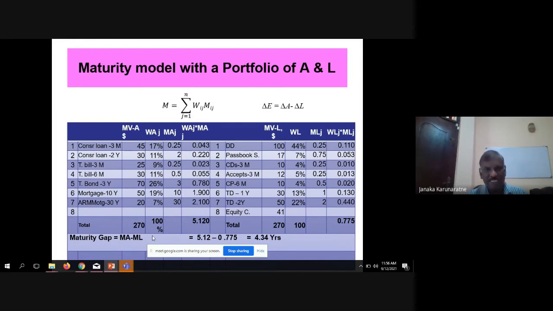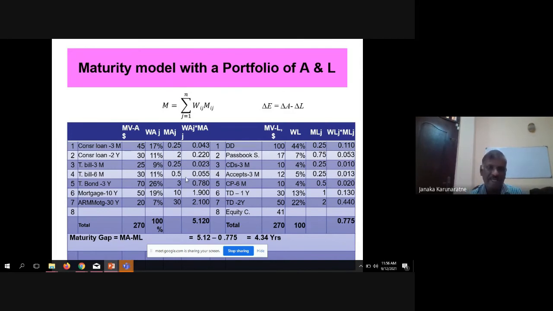If the total assets are 100, these consumer loans represent 17%. Then maturity is 3 months, which means 0.25 years.